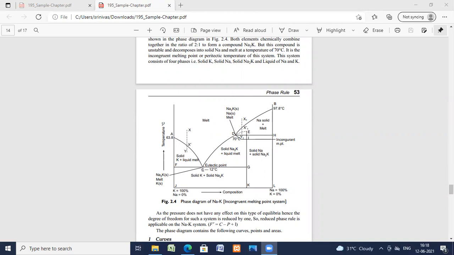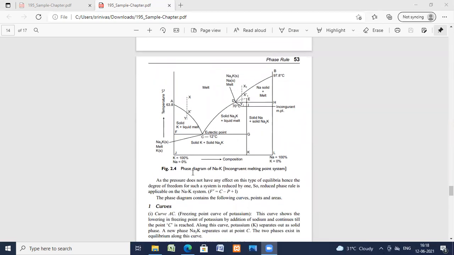You can see the curves. Basing on the curves, the eutectic points, and the congruent melting points, we can explain clearly the total phase diagram, basing on the curves, areas, and points depicted.